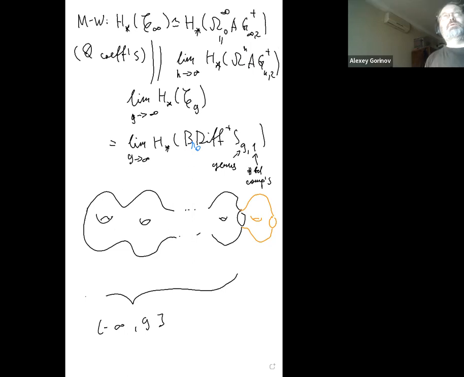Well, the right-hand side is also some kind of limit. Now, the AG stands for affine Grassmannian. The plus stands for the one point compactification.